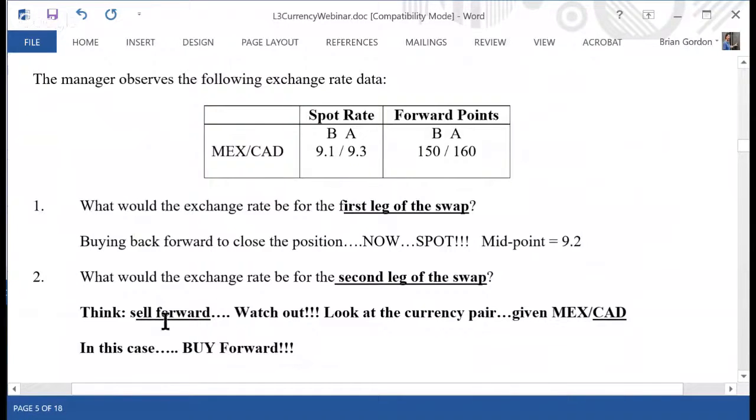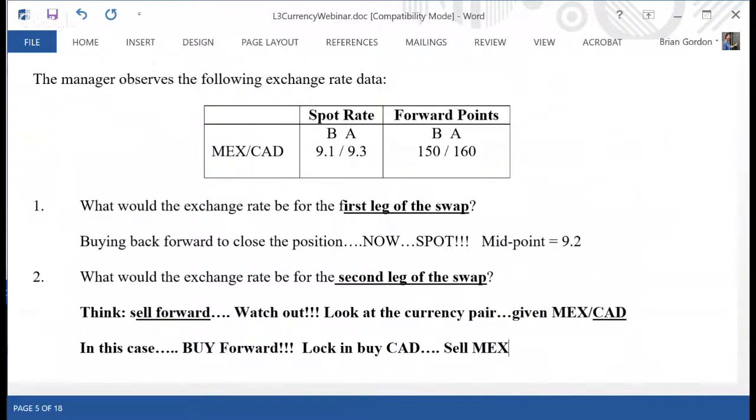So if we sell this forward, that means we're selling Canadian, which is not what we want to do to hedge. We want to buy the forward, which is going to then lock in the price to buy the Canadian, and then by definition, lock in the price to sell the Mexican peso, which is what we want.